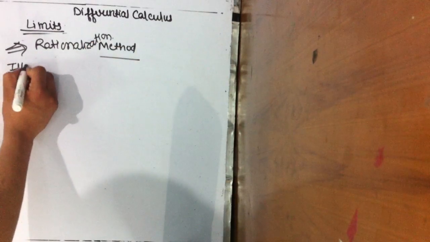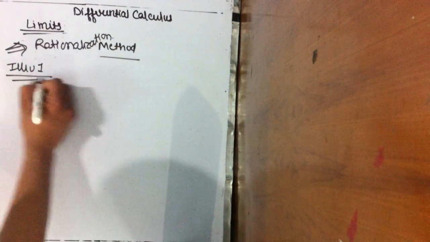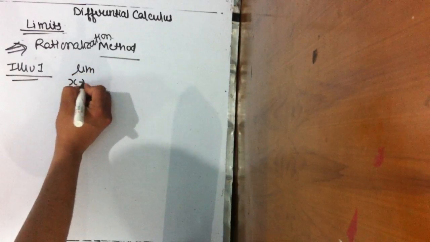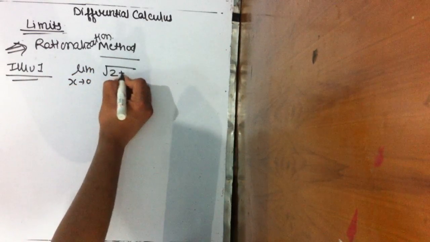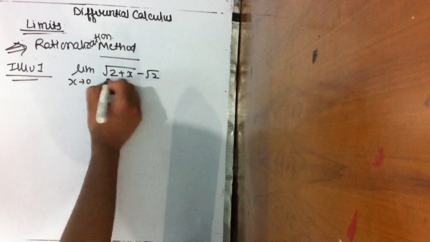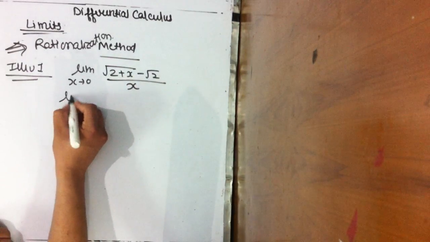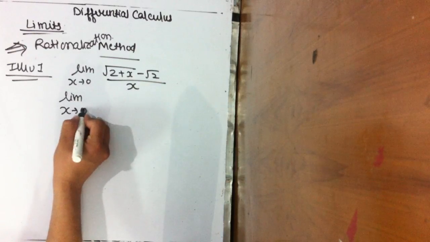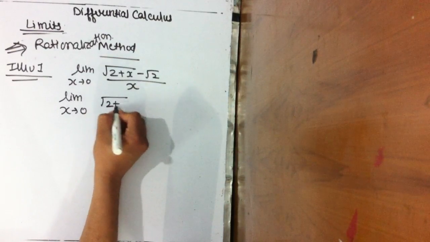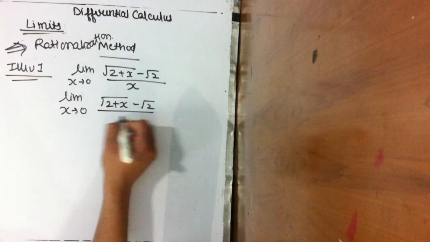So illustration number 1, that is limit x approaches 0, (root of 2 plus x minus root 2) divided by x.